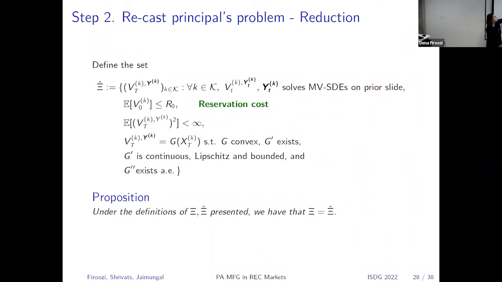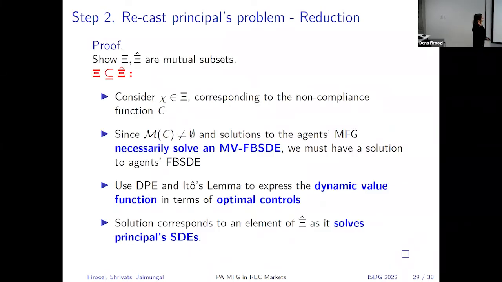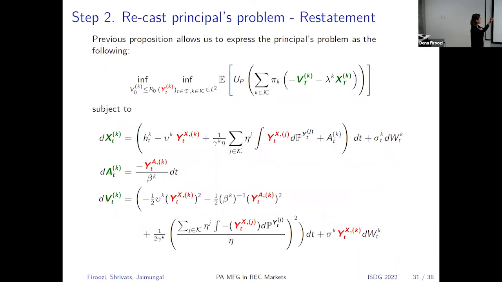And on average, the initial value process is less than a specific value, and it admits a Markov form, and we impose some conditions on this Markov function just to make sure that the resulting agent's problem has a solution. So we can show that this set of random variables is equivalent to the original set of contracts for the principal that I introduced at the beginning. I'll skip the proof for the purpose of the talk, and I'll move to the final problem for the principal.